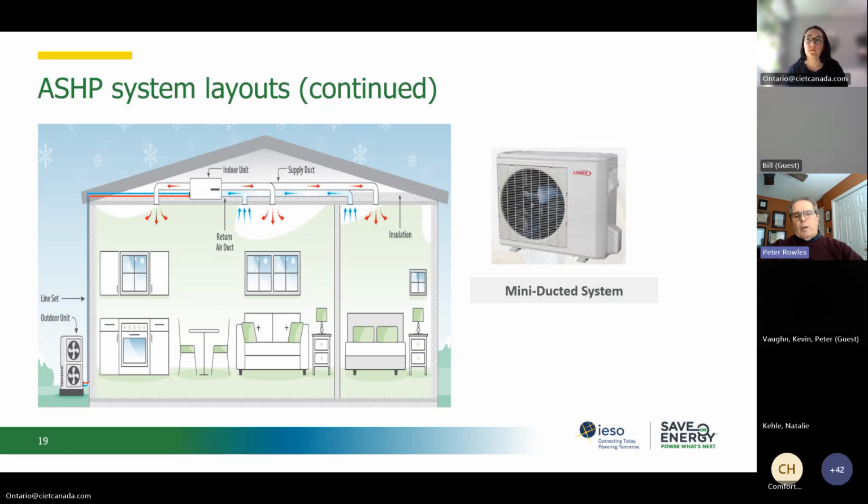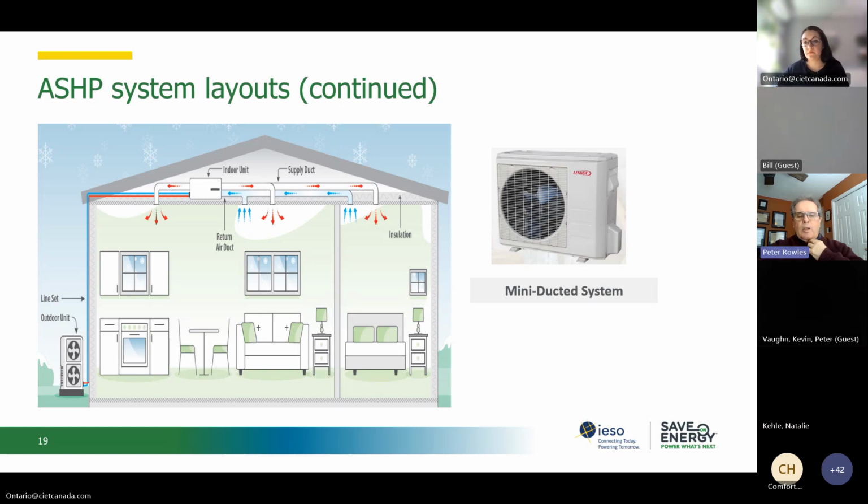The indoor air handler is typically located in a concealed space below the floor or above in the ceiling. It generally uses short runs of ducting to distribute conditioned air to a number of spaces in the home. Best suited for larger home retrofit projects or homes with unfinished basements. The costs seem to be about the same for a single unit with multi-heads versus multiple units with single head.